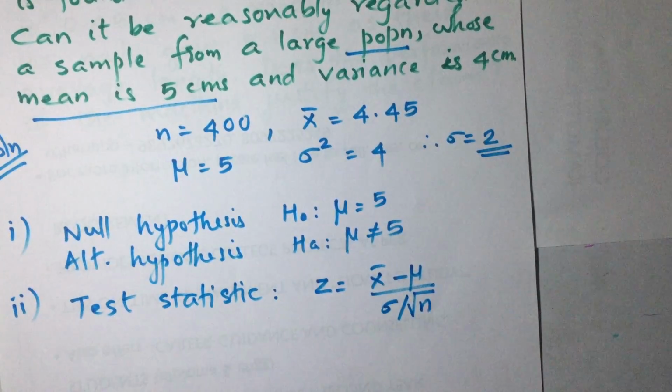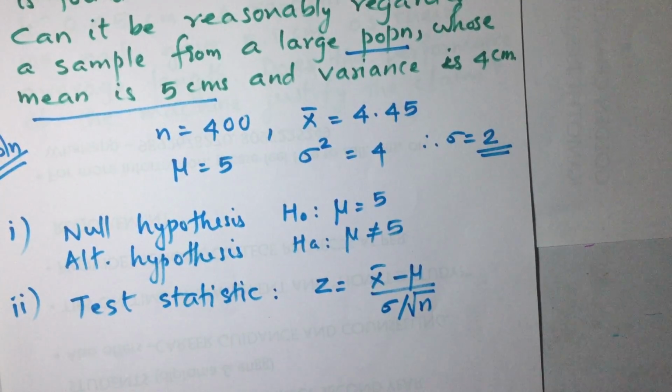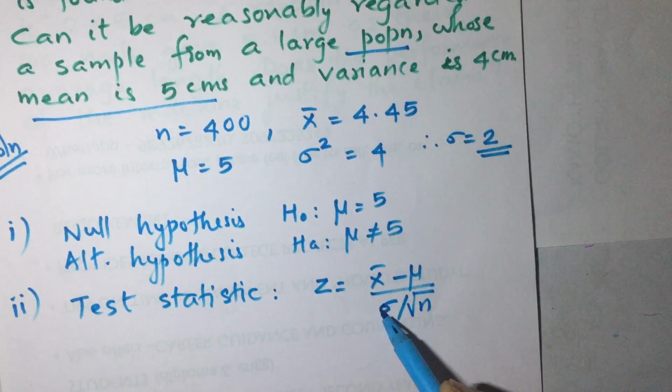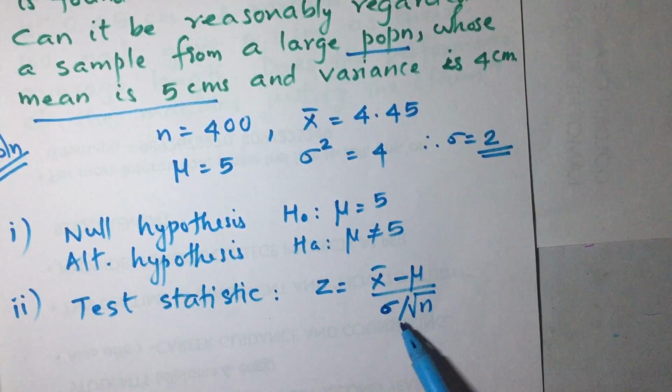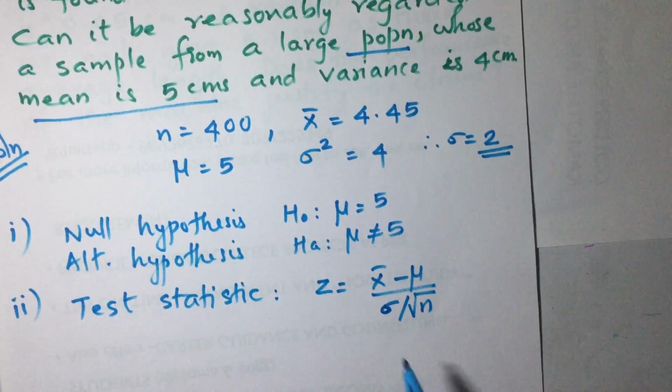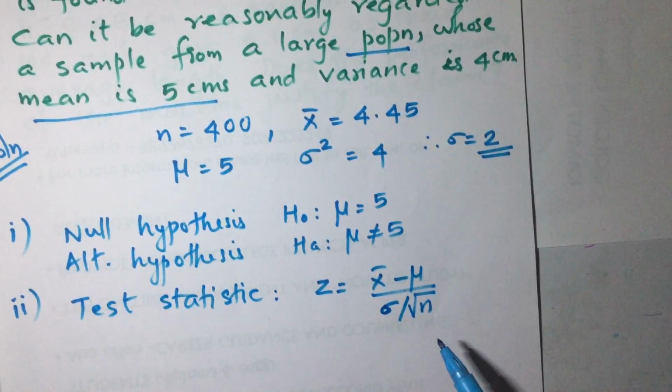If the population standard deviation is not known, and the sample standard deviation S is known, and the number of samples is large, then instead of sigma we use S, as in the previous question, because n was large and the sample standard deviation was known while the population standard deviation was unknown.